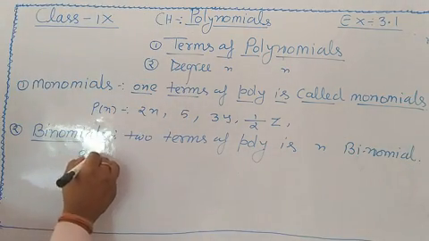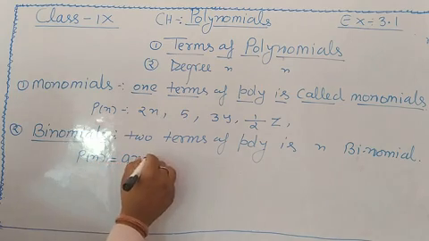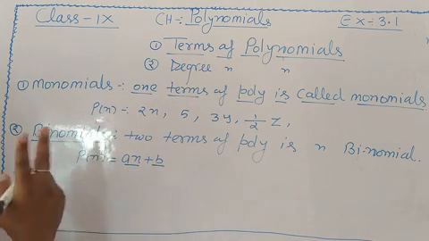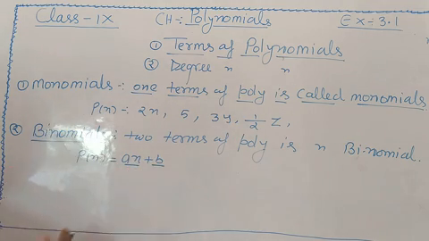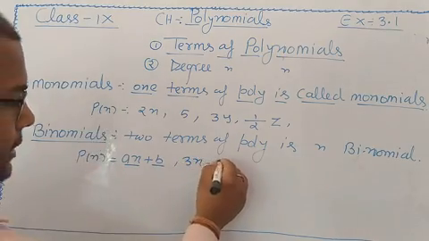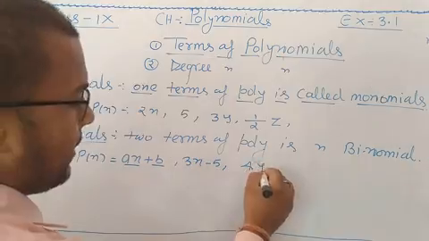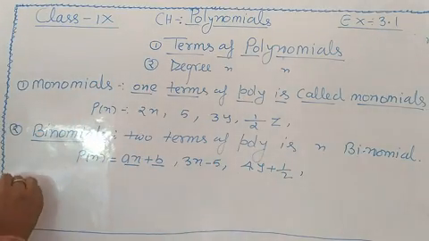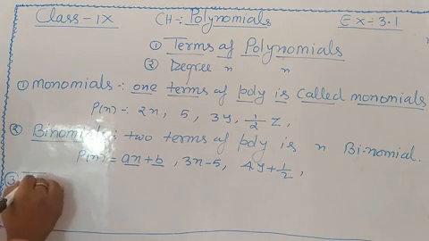For example, p(x) = ax + b. ax + b, the combination of two terms, is called a binomial. 3x - 5, 4y + 1/2 are called binomials. Number 3, students, trinomial.